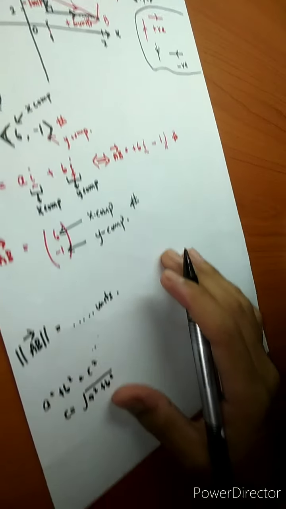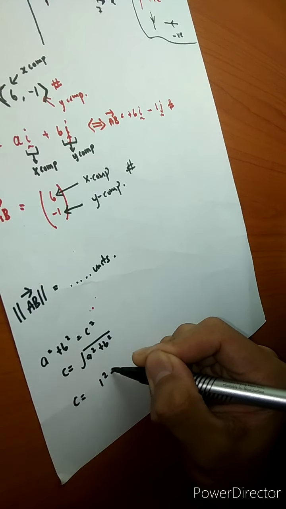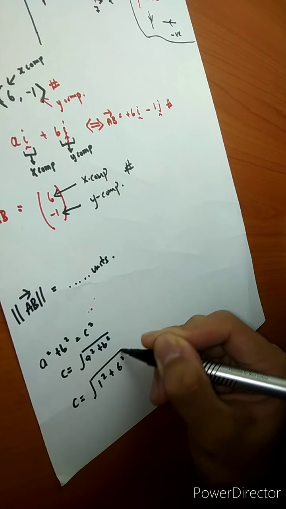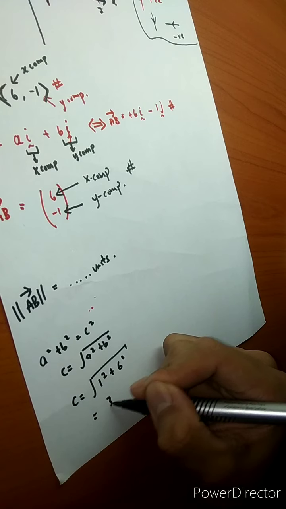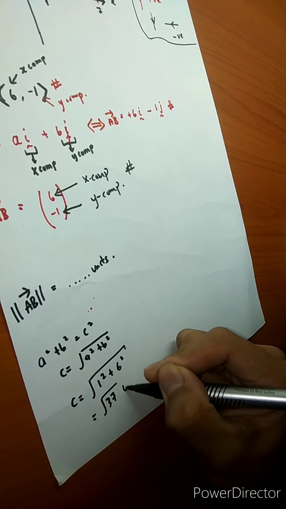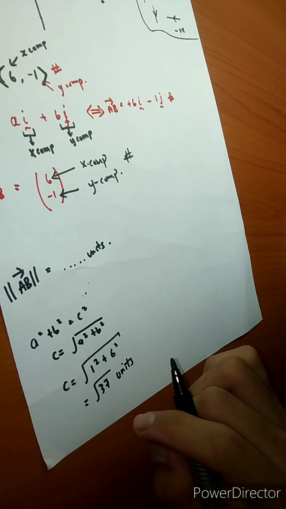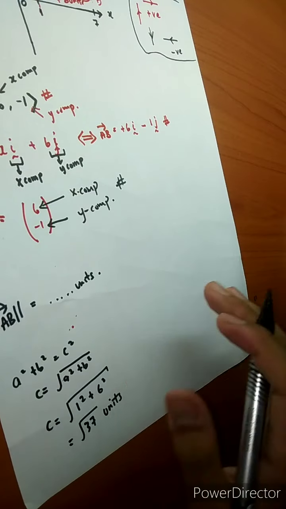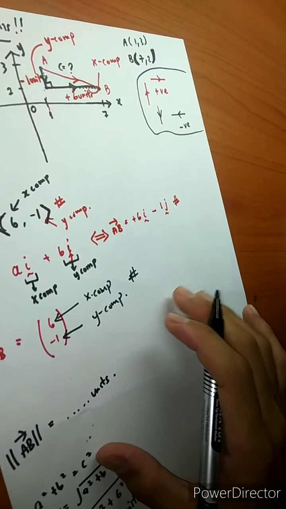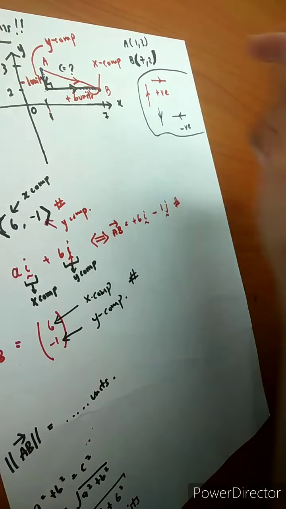So c over there is the square root of 1 squared plus 6 squared, which is root 37 units. You can press your calculator and find the exact value in decimal form of root 37.